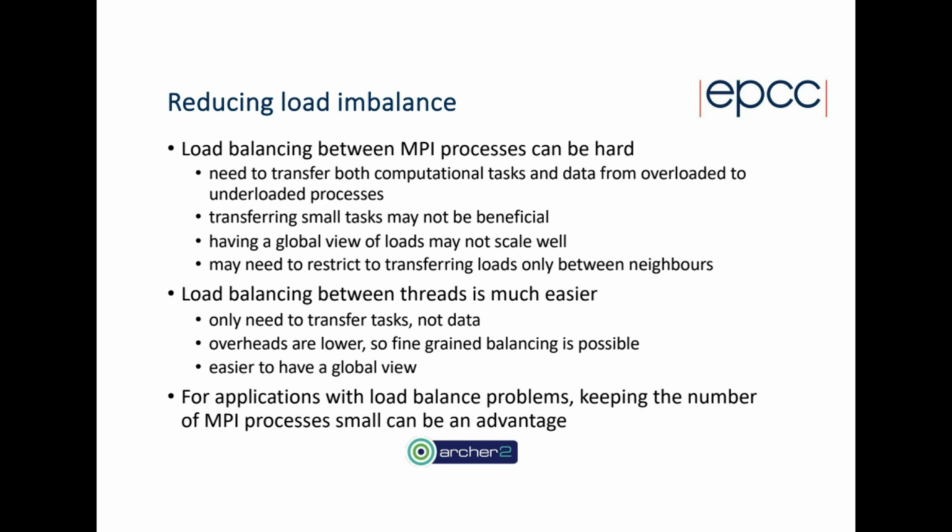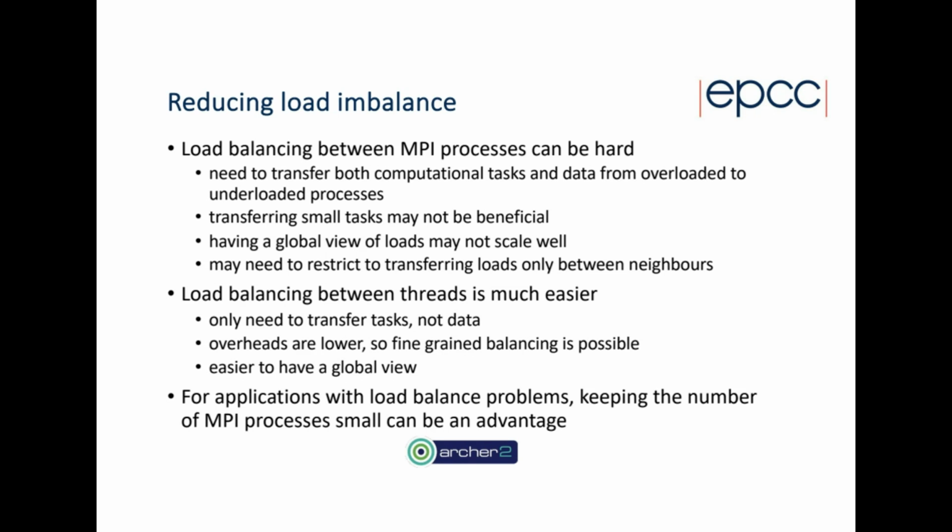So what does that mean? Well, it means that with applications that have load balance problems, keeping the number of MPI processes smaller may be an advantage. For example, let's pick some nice round numbers. Suppose I'm trying to run on 10,000 cores.